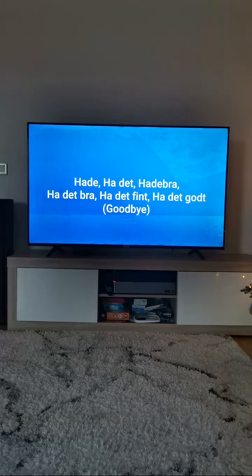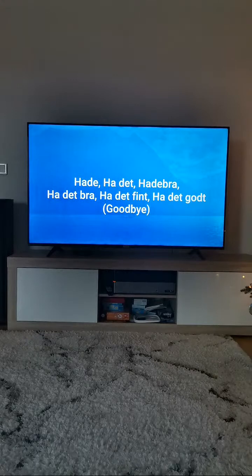There are many variations of this next one here, and that is hada. Hada literally means have it, and it comes from hadebra. So hada is a shortened form of hadebra, and you can also say ha det fint, ha det godt, which mean to have it good, have it well, and they're just all different variations of saying goodbye.